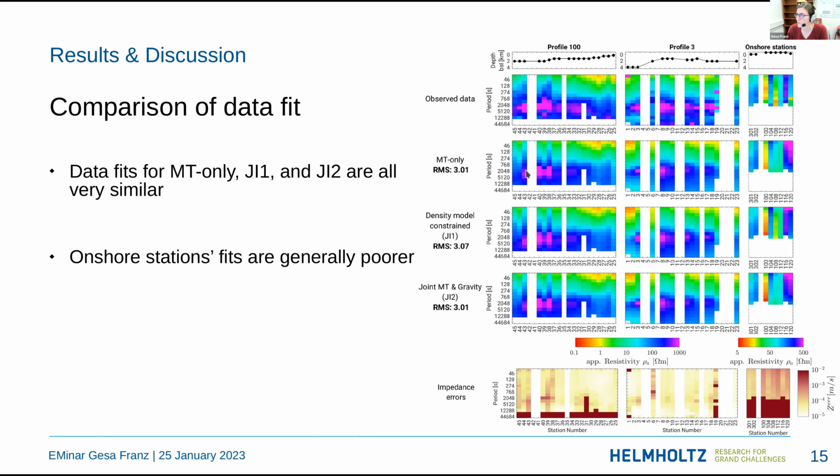That includes some low apparent resistivities here in the short periods that are recovered by all of the inversion approaches, and then some very high apparent resistivities here in the longer periods that are also recovered mostly by the inversions. Well, just here you see that they're not always recovered to the same extent. And another thing that I want to point out is that it seems in general that the onshore stations are a bit harder to fit for us.